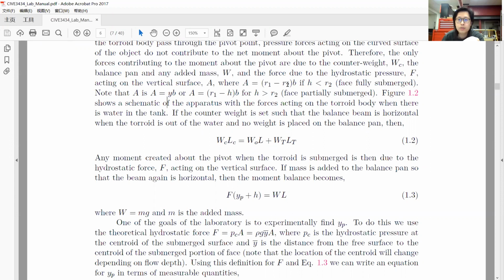So R1 minus R2 is the height of the vertical surface times B, which is the width. That's the area of the vertical surface. But if it's partially submerged, it's the width times the submerged height, and we're able to calculate A. So A is different in the two equations. Just pay attention to this.